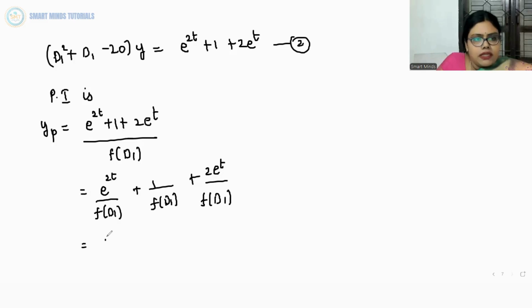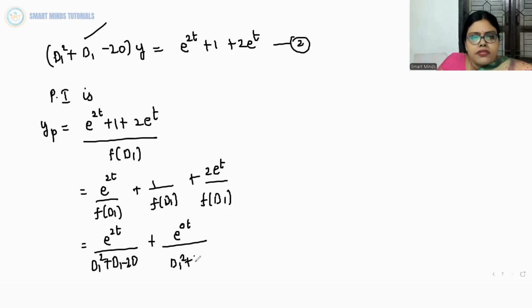So that is e power 2t by, in the place of f of d1, we will substitute this bracket. So d1 square plus d1 minus 20 plus, e power 0t, since there is no e power, by d1 square plus d1 minus 20, plus 2 e power t by d1 square plus d1 minus 20.